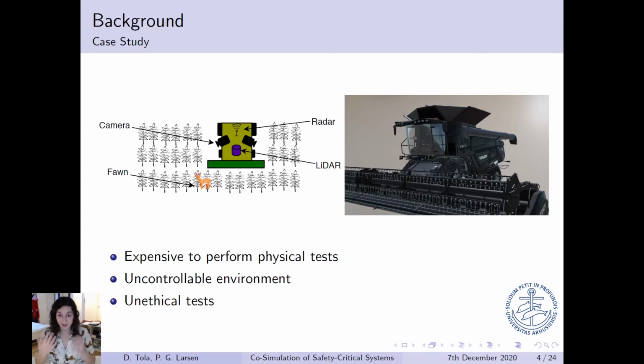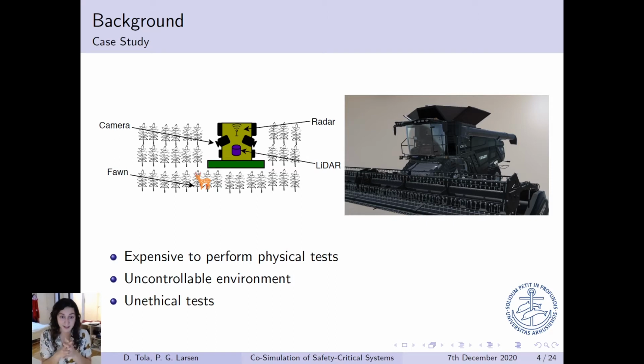Usually, if you have something with the images that you have to look at, or the sensor data, then you also need to make sure that the crops are ripe and ready to harvest. You need to get your combined harvester out there to the field. You need to agree with a farmer on using this field. So this is just the few steps that you need to do, and there are much more, I'm sure, that I don't even know about, just to test some specific detail, for example.